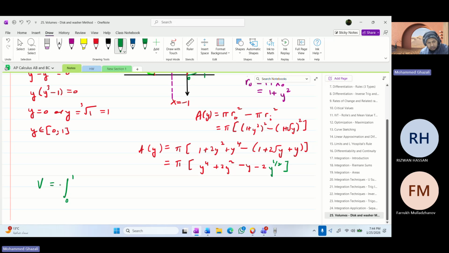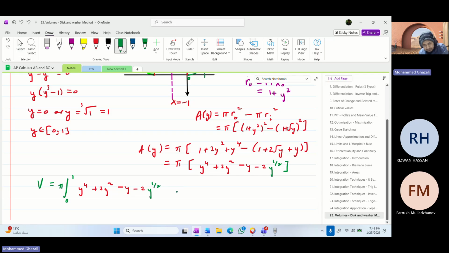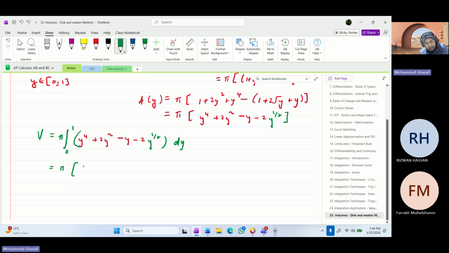Take the pi out and integrate all of this, dy. You've got pi, y to the power 5 over 5 minus 2/3 y cubed, minus, again, it's y squared over 2, which is a plus.